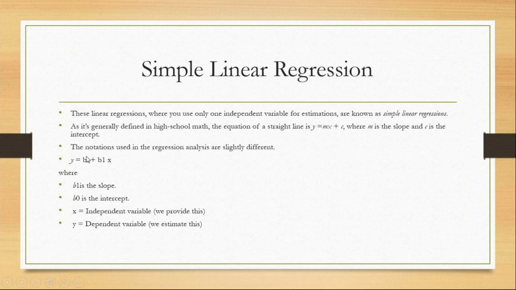This is a simple notation that I have. My b naught, or b0, is my intercept, and b1 is my slope. b1 also signifies how much change in x will contribute to the change in y. Suppose the value of my slope is quite high, then a small change in x will impact a larger change in y.